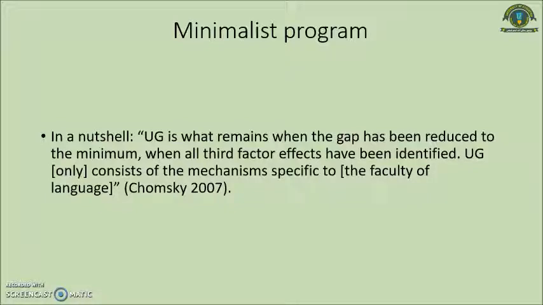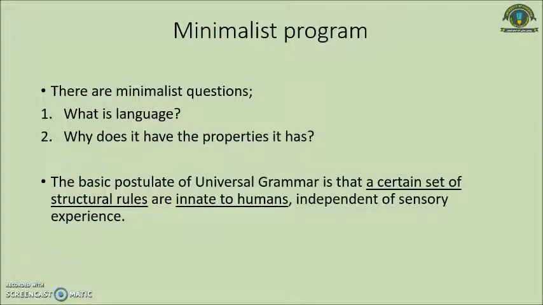Which gaps? Those gaps that will remain when we try to find answers to certain questions. What questions? Here are the questions. What is language? What are its properties? How do we learn languages? How do we acquire them? How did we acquire our mother tongue? How do we learn our second languages? How well can we learn our second languages?